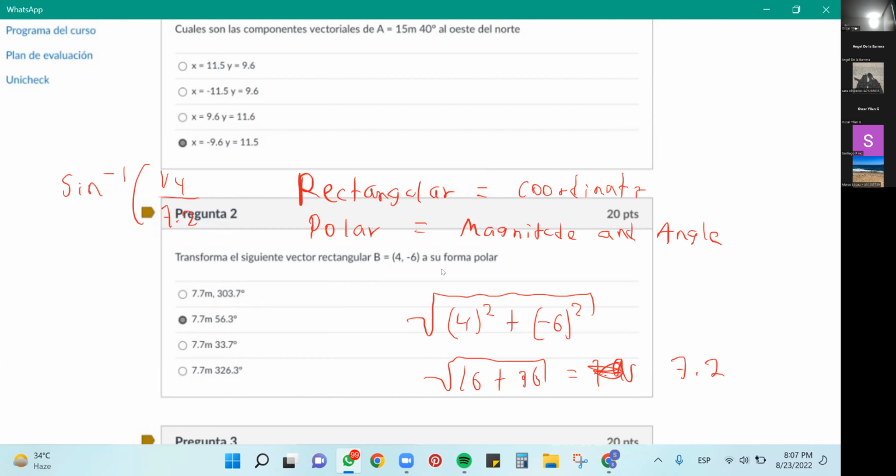And the y component is 6. So it will be the inverse sine of 6 over 7.2, right? And that is the y. So it would be 56.4. The 7.7 that is out there is wrong, right?